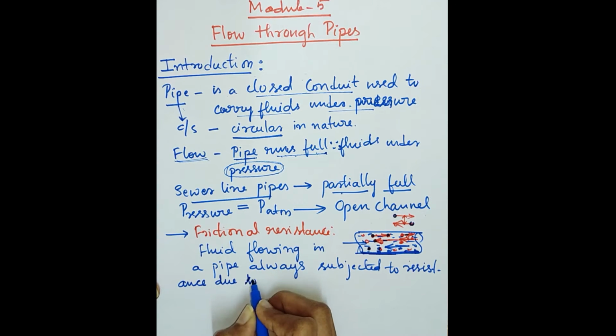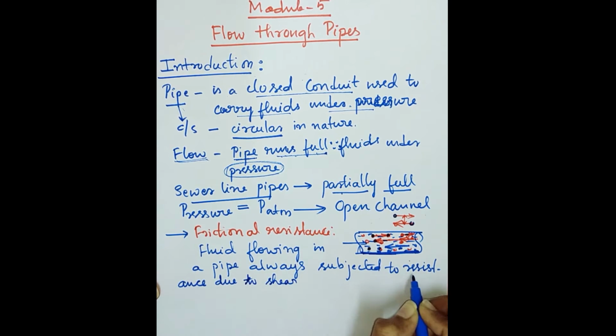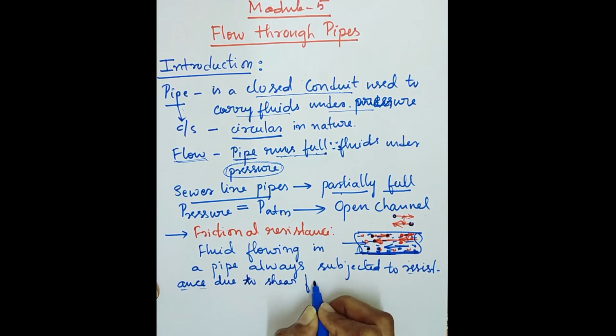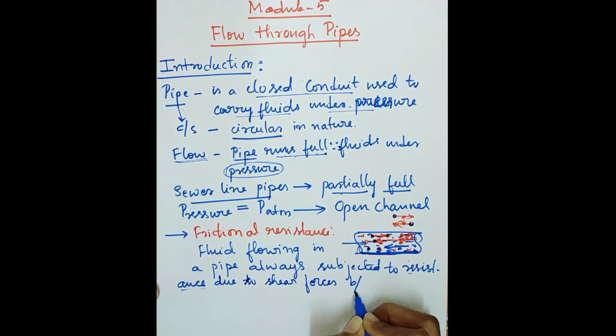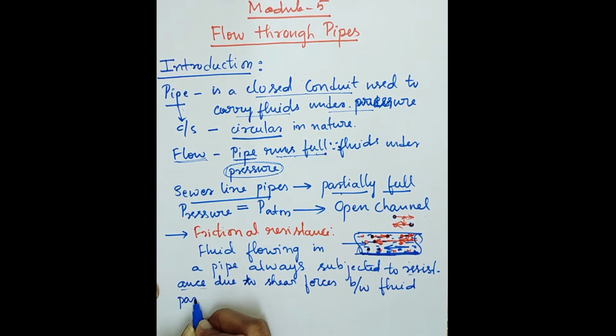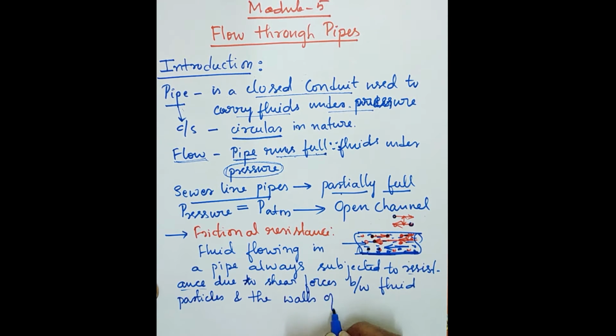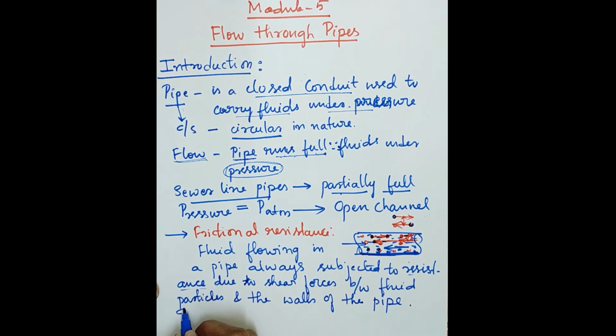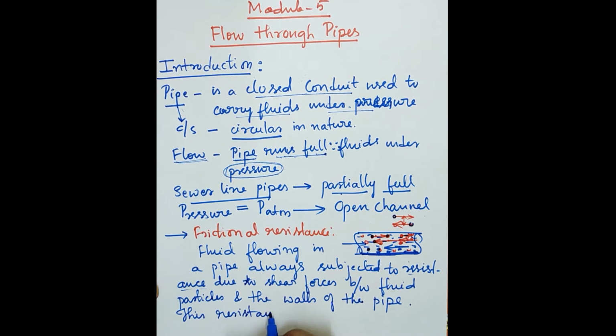That resistance is due to shear forces between fluid particles and the walls of the pipe. So this resistance is called frictional resistance.